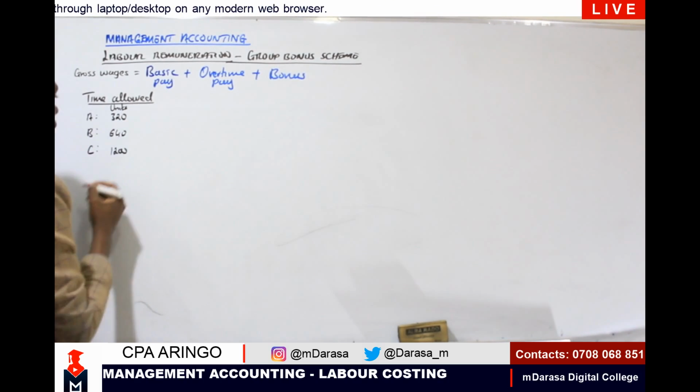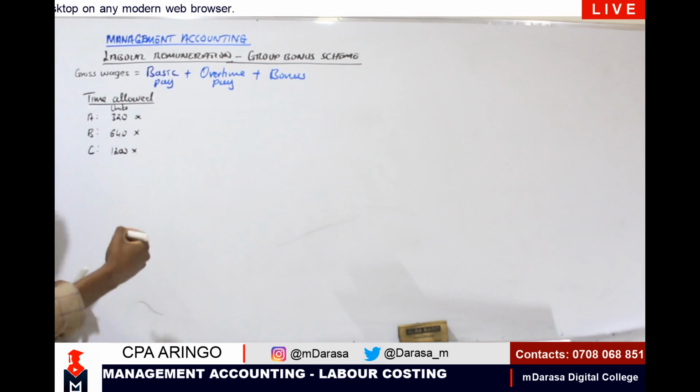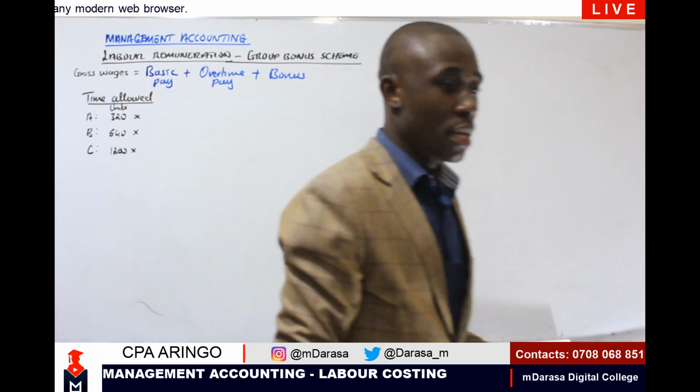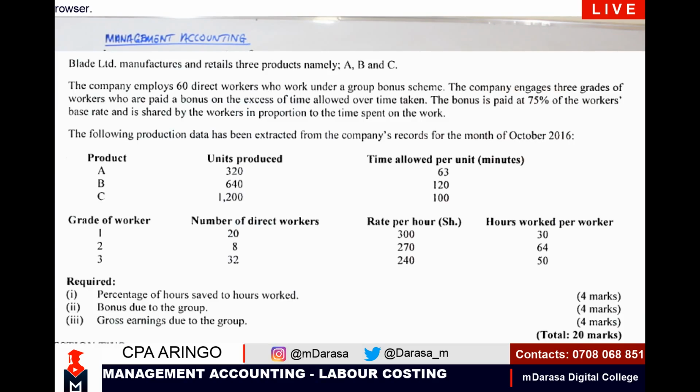Then we multiply by the time given per unit. The time allowed per unit, my good students, you can clearly see here, is given in minutes.